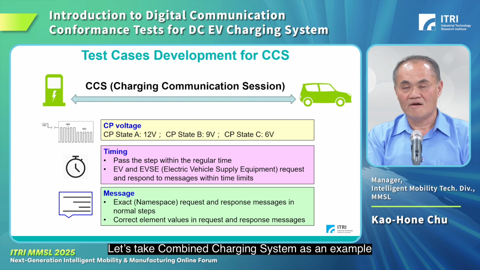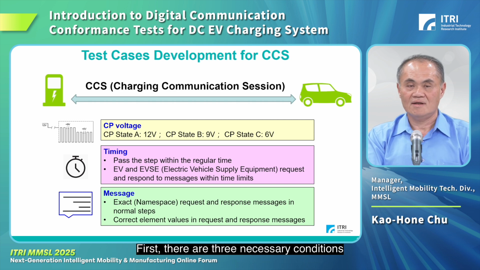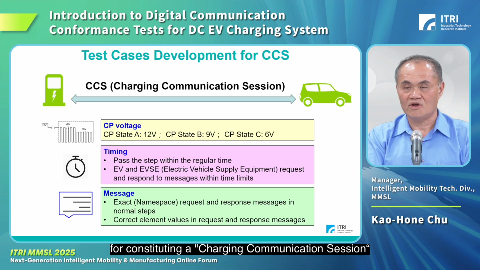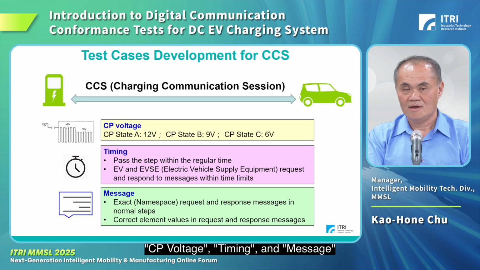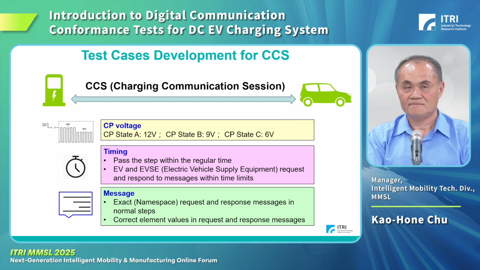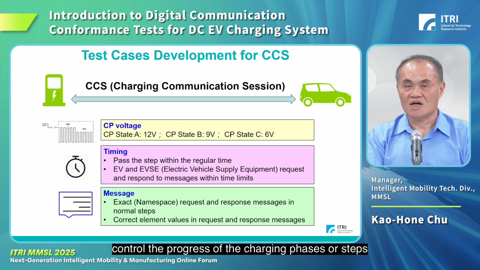Let's take the Combined Charging System as an example. First, there are three necessary conditions for constituting a charging communication session between an EV and an EVSE during the charge: CP voltage, timing, and the message. CP voltage is used to control the progress of the charging phase or steps.